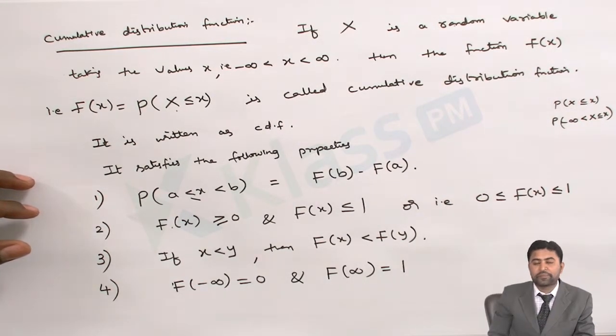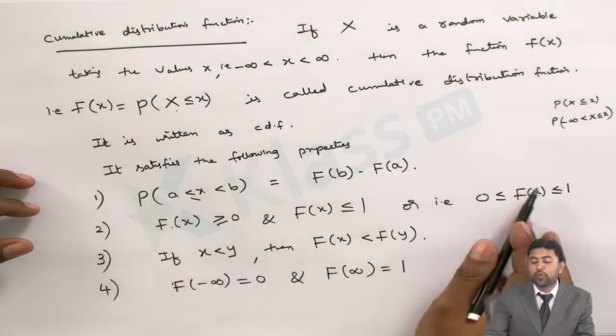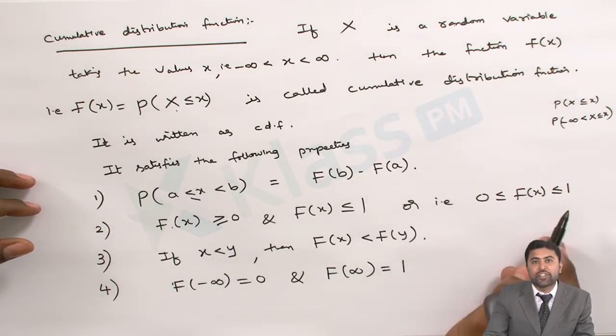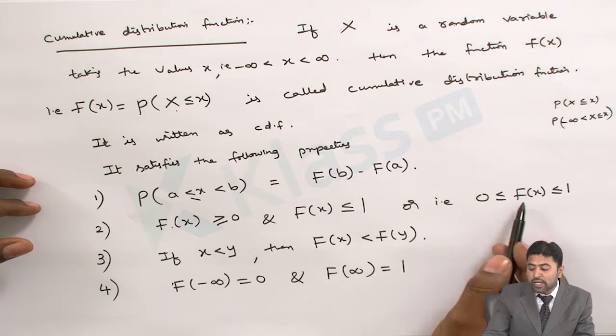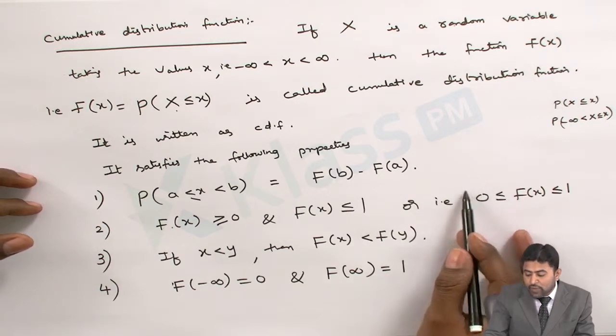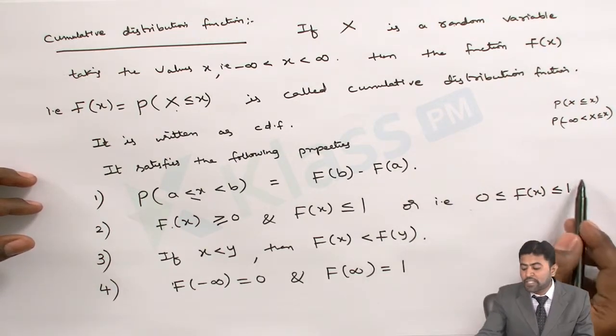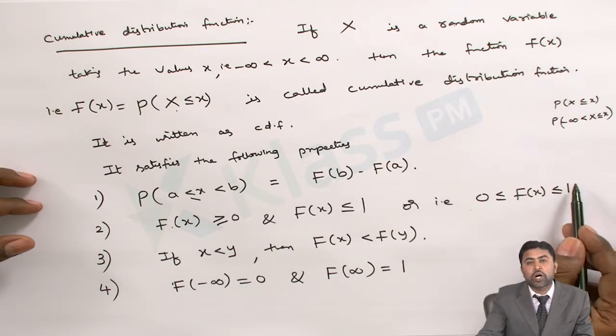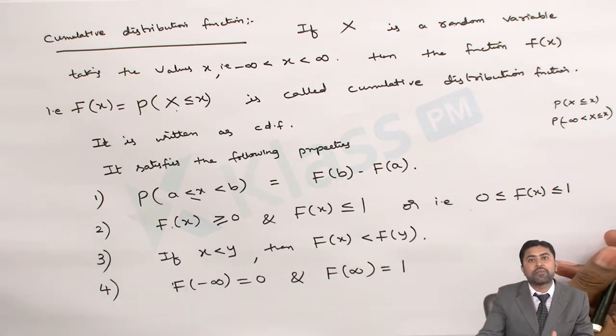Then fourth, F of minus infinity value is 0 and F of plus infinity is equal to 1. As the cumulative distribution function value lies between 0 and 1, at minus infinity its value will be 0, at plus infinity its value will be 1, because minimum value is 0 and maximum value is 1.